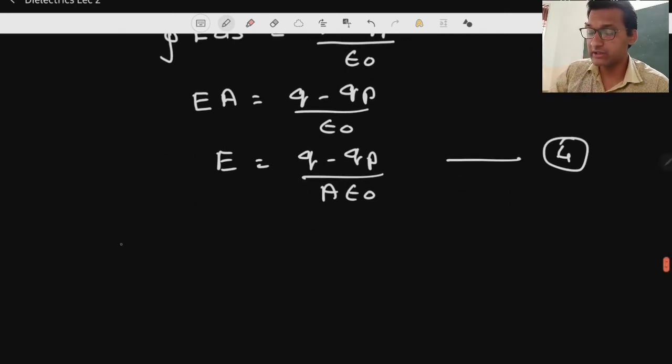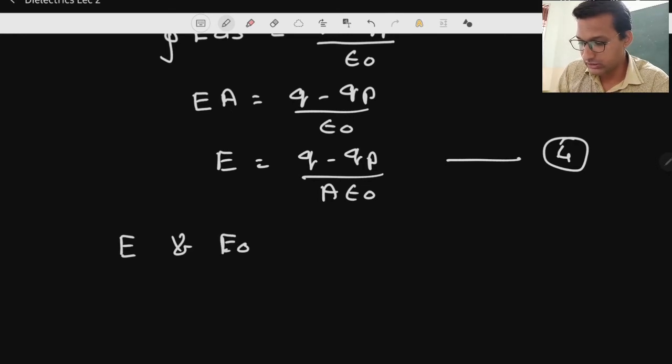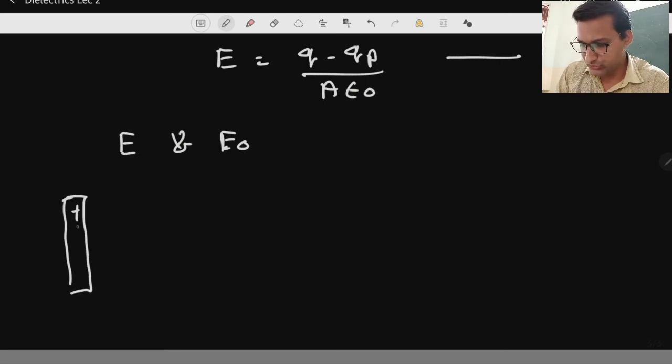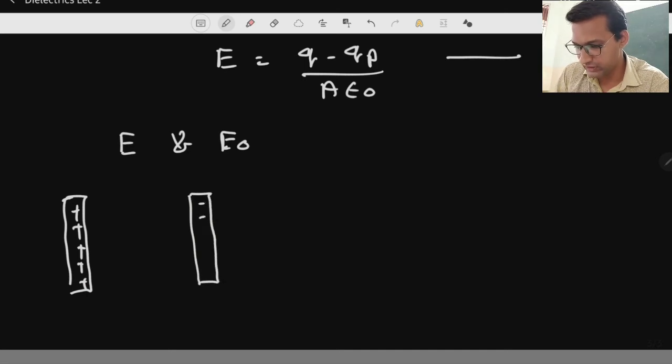So now what we need is a relation between E and E naught. To understand this, let us take the two plates again. Let us say here we have positive charge and here we have negative charge.